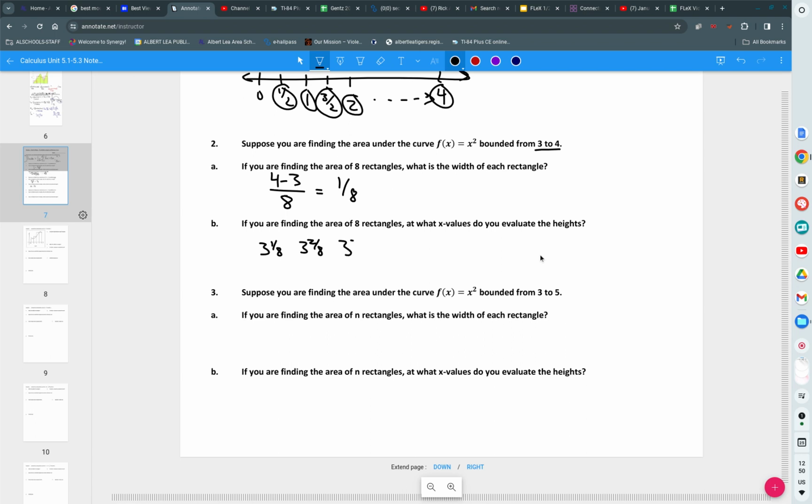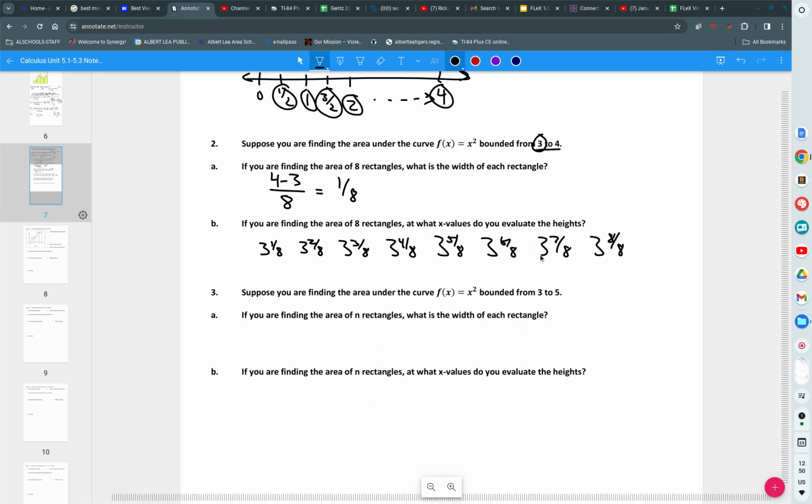Yep. Okay. If it doesn't specify, are we assuming it's right-handed? Yes. Okay. Everybody start at 3 and 1/8. Why don't I start at just 1/8? Because it's not in the interval. Now the interval starts at 3. Agreed? Good.